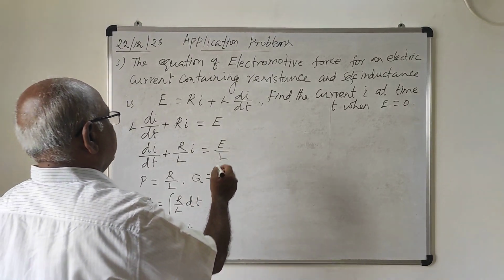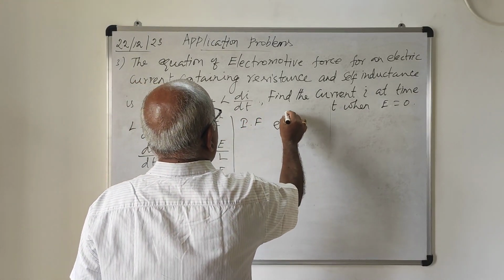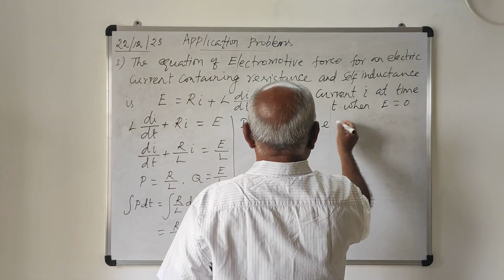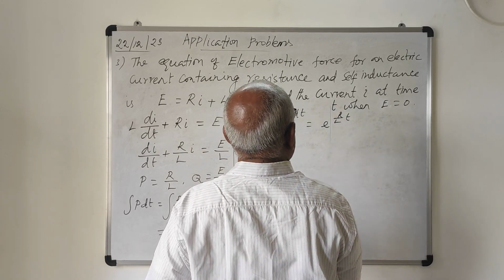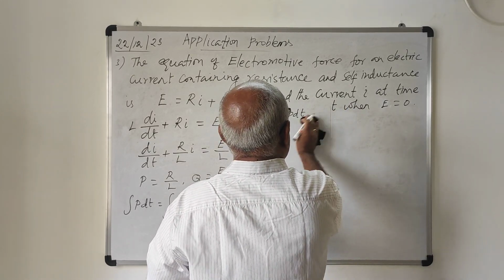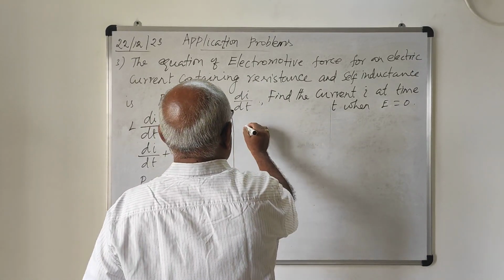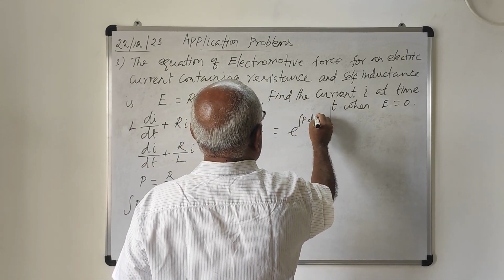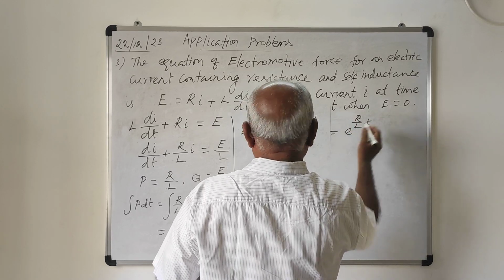Now the integrating factor is e power integral P dt, which equals e power R by L into t.